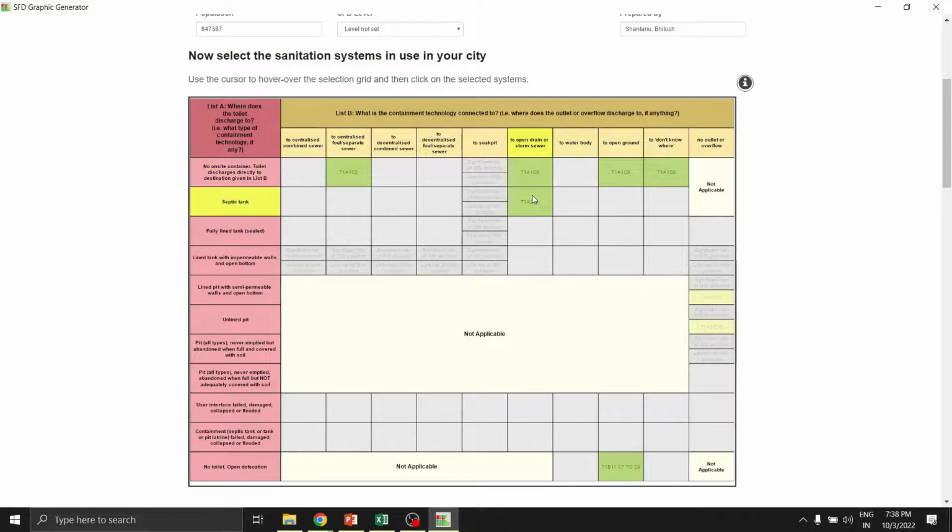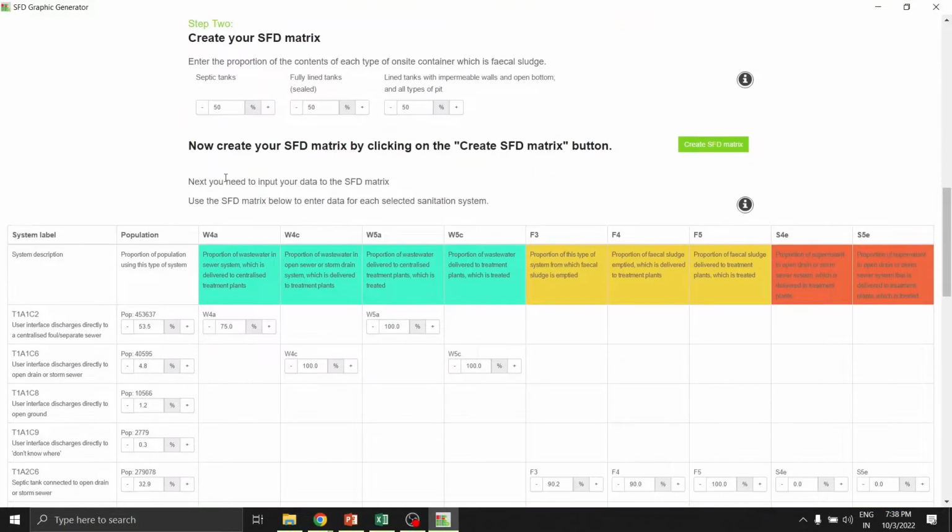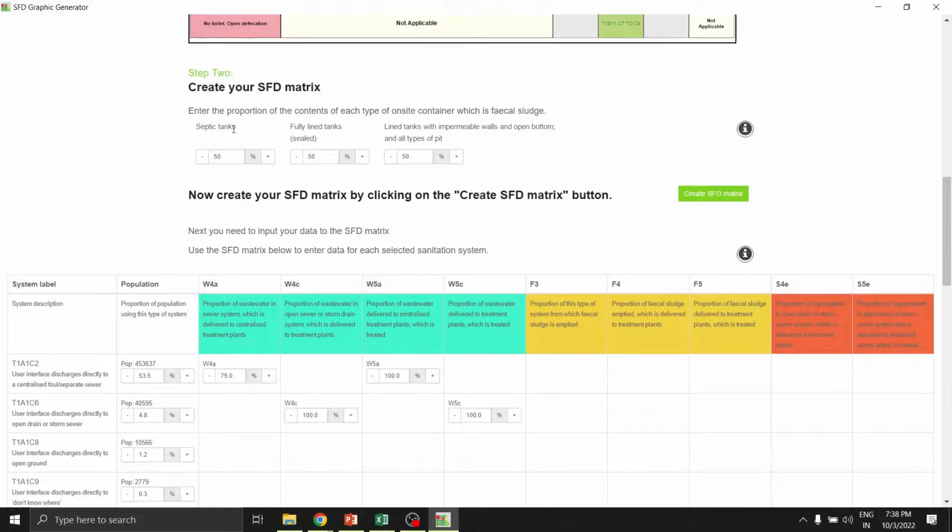What are the things that are actually happening? So from toilet to open ground, and then there is open defecation, and people don't know where. These are responses based on the survey responses. We fill in these details, right? And then we can determine how much percentage is going into each system, like septic tanks, fully lined tanks, lined tanks with impermeable walls and open bottom.